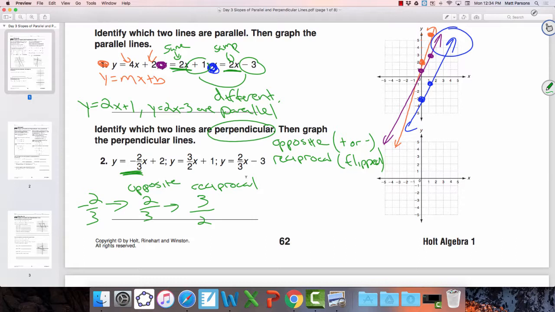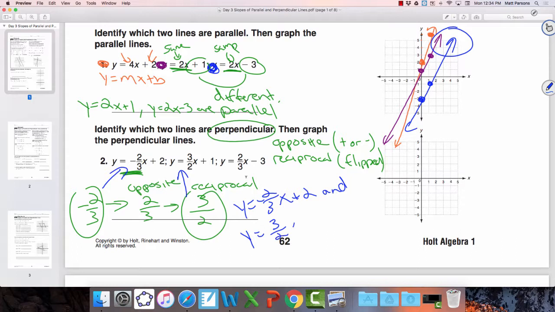So these two are opposite reciprocals, which match up to those equations. I can already tell that y equals negative 2/3 x plus 2 and y equals 3/2 x plus 1 are perpendicular.